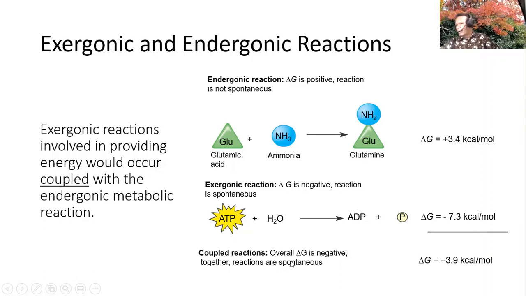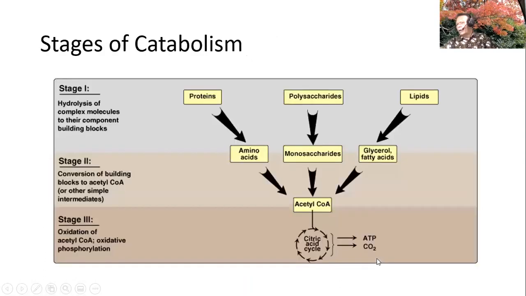For the coupled reaction, the overall delta G is negative. The reactions are spontaneous. Delta G as a summation of these is minus 3.9 kilocalories per mole.